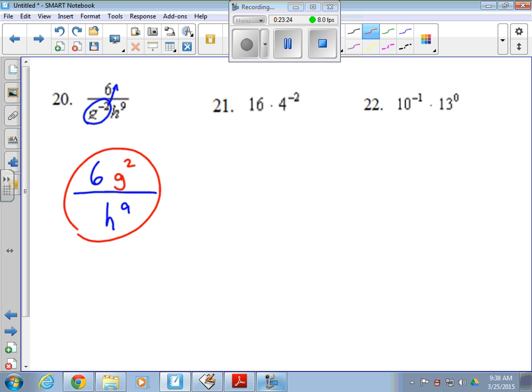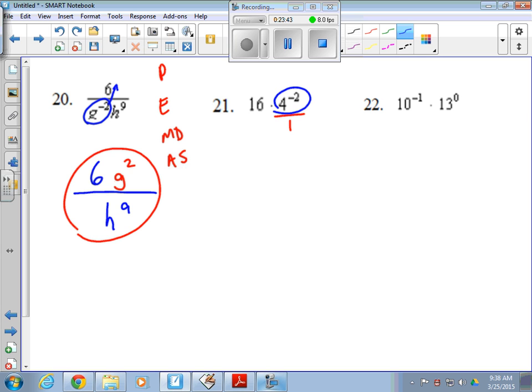16 times 4 to the negative 2. Remember, exponents happen before multiplication in your order of operations. So make sure you do your exponents before you try to do the my dear part of my dear Aunt Sally. This has to ride the elevator since it's raised to a negative exponent.